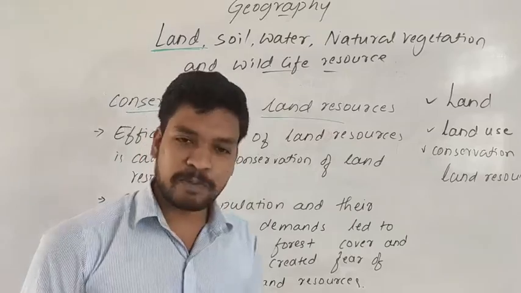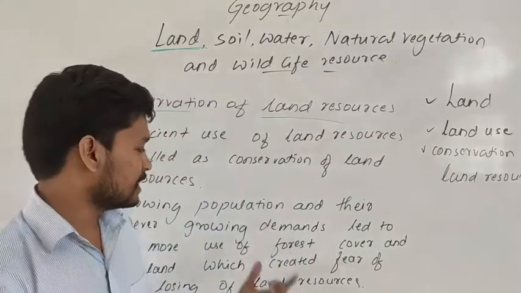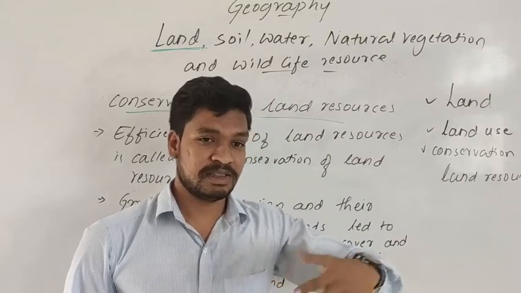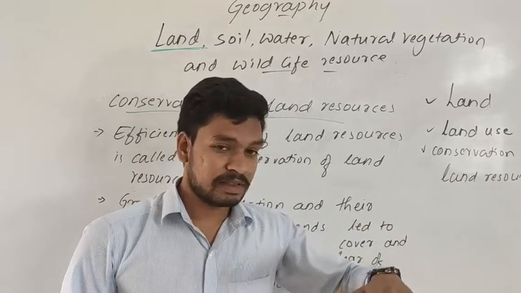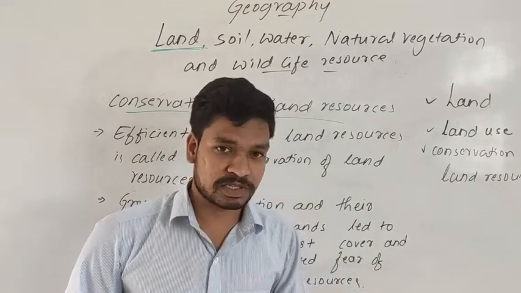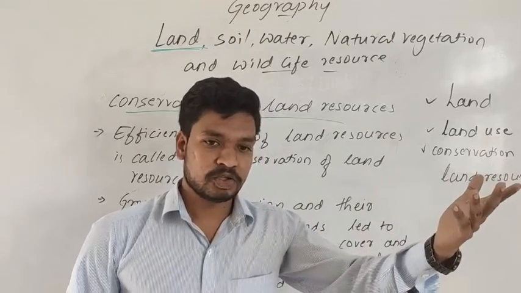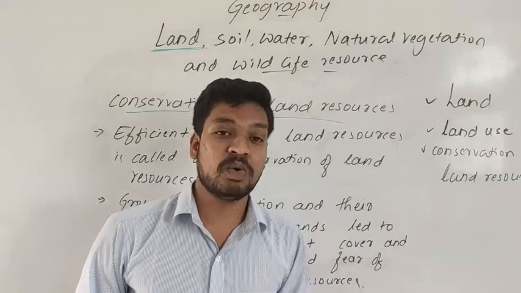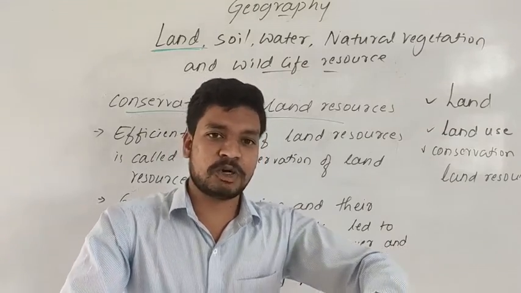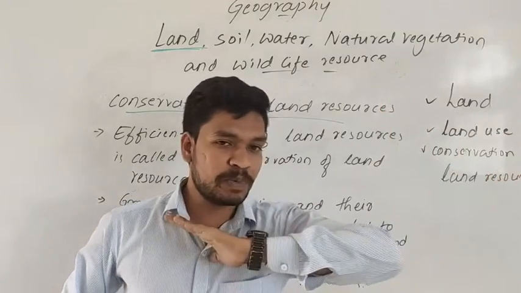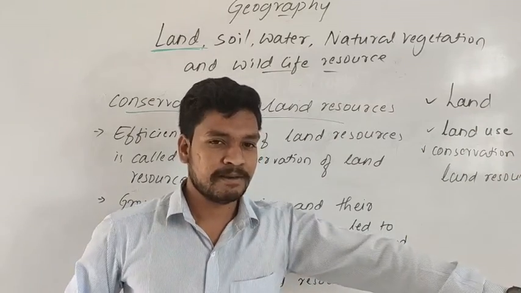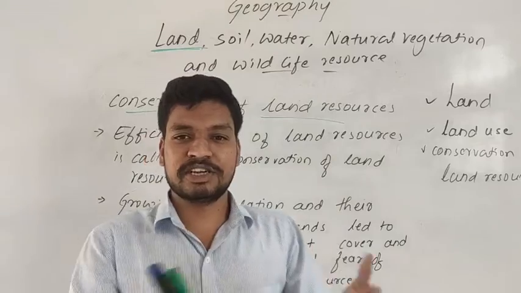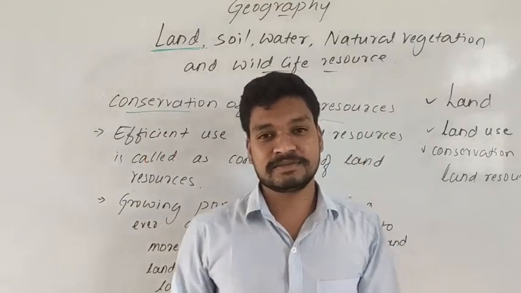Because of high population, as the population increased, the demand of humans, the greed of greedy people, the demand for land resources has increased. Because of this demand, we are making use of forest cover area, the land which was earlier covered by forest. We are chopping off all this forest. We are using the land for transportation, construction of buildings, industries.